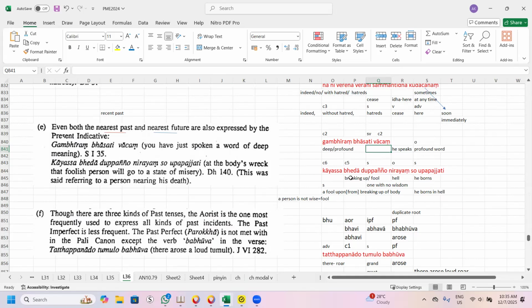Can you see the word here is from, because this is from breaking up of the body. Can you see the bracket here? From the breaking up of body. Here we change it to upon the breaking up of the body. So you can see this preposition from and upon. This is how we change. You take note.